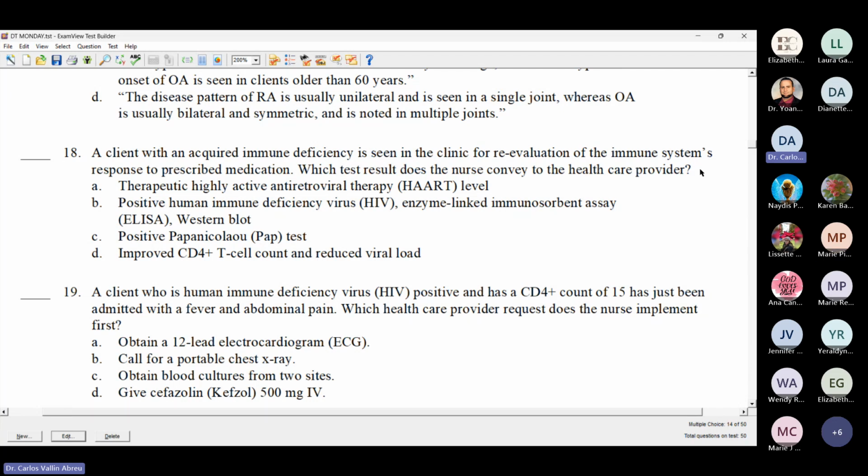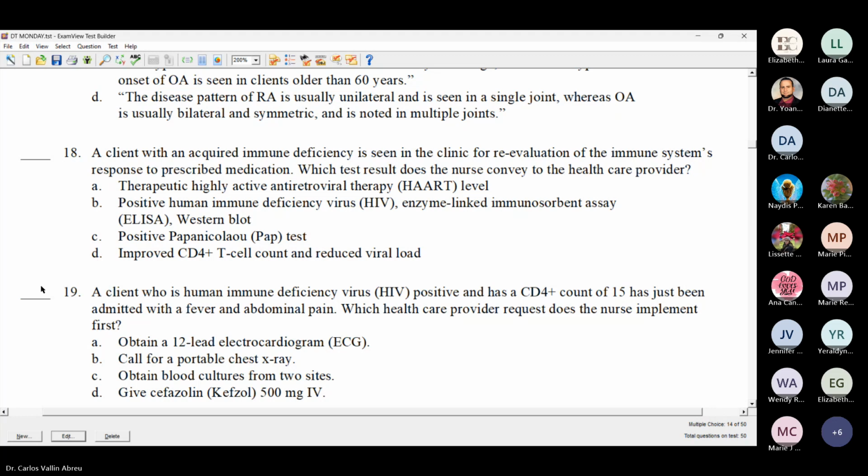So these four tests. And the question says, of these four tests, which one do you report as a priority, the most important? Blood levels of the medication. HIV ELISA and Western blot is positive. Pap test is positive. CD4 count has elevated and the viral load has decreased. Of these four tests, what has priority, guys?